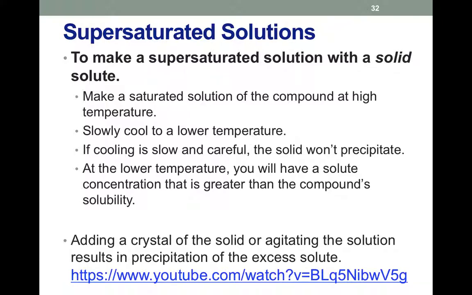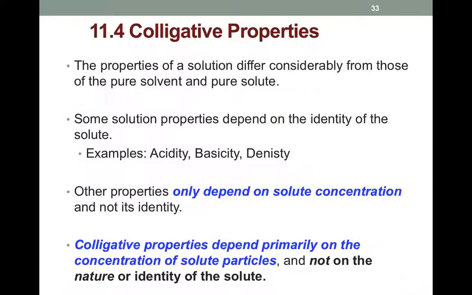It'll remain all in solution until I do something as easy as tap the glass on the outside of the container, or drop in an extra crystal or a grain of sand, and it would all start to precipitate out. So as we lower the temperature and the solid remains in solution, then we have a supersaturated solution. There's a YouTube video if you want to go there and see it.